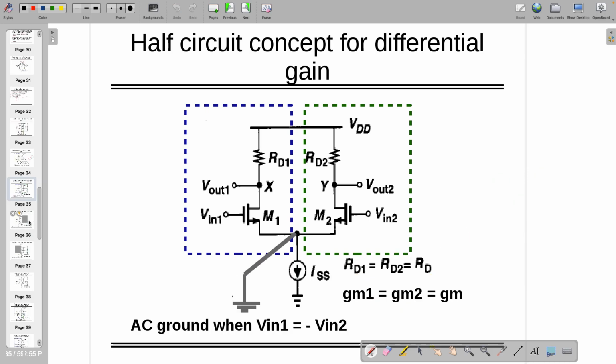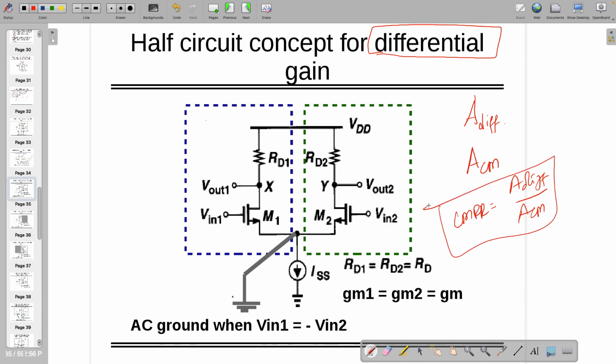Then what I can do, if I am applying the differential input and I am interested in finding out the differential gain. There are two gains: one is called differential gain and another is common mode gain. I'm interested in finding out the common mode rejection ratio, which is actually A diff by ACM, right?